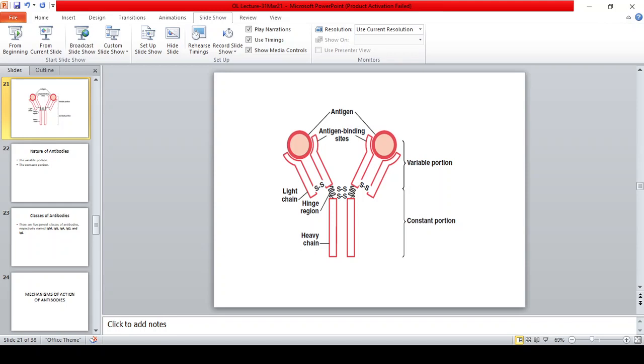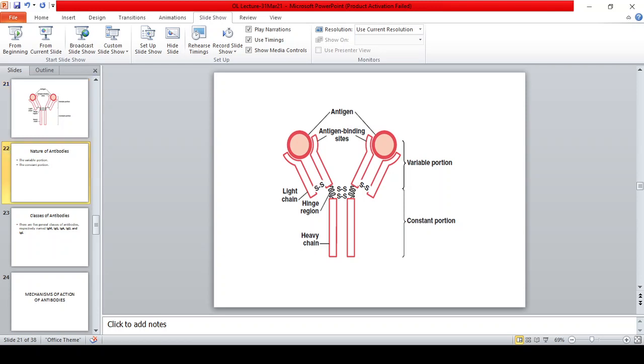And it also determines the ease with which the antibodies may pass through the membranes, and maybe other biological properties of the antibodies. So the variable portion basically is the specific portion for a specific antigen. It is the portion that binds the antigen, and the constant portion has other properties, as I have just mentioned.